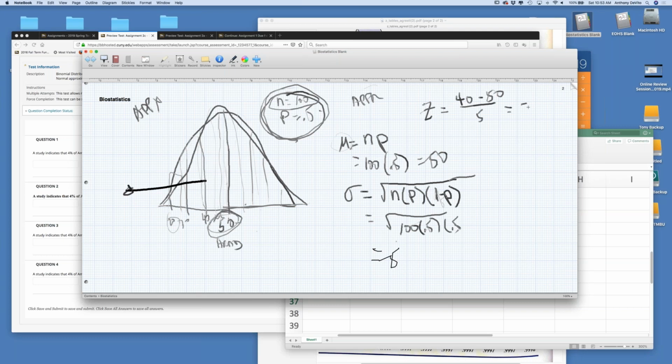The z-score is equal to negative 2. So I could go to my z-table and look up the area that this represents. 40 is going to be down here, or negative 2 standard deviations. I can look up this area because it's 2 standard deviations below the mean.